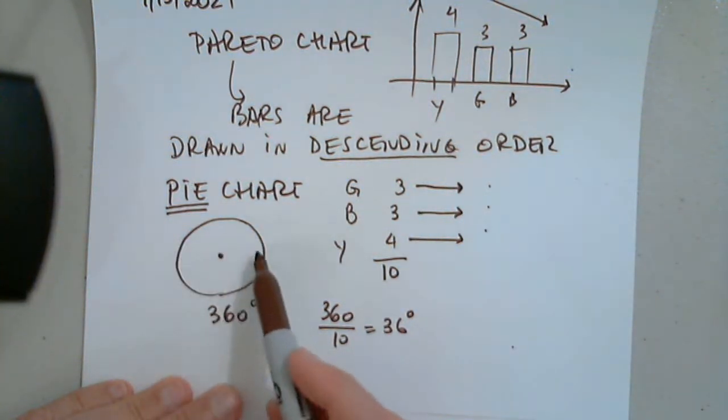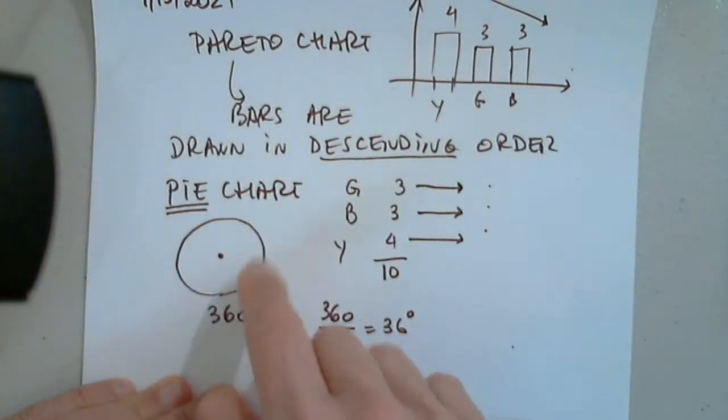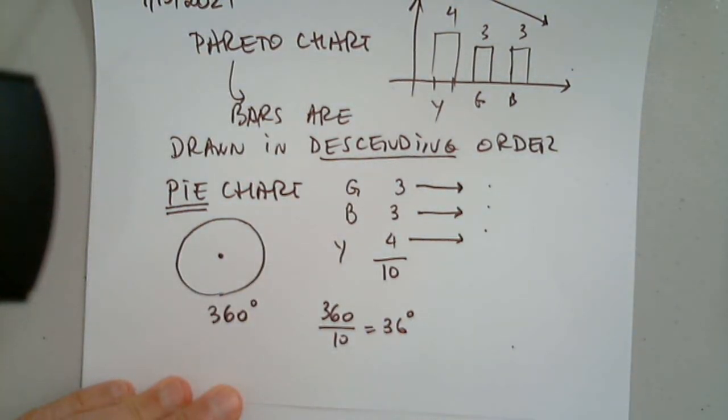And then I'll show you how we construct the pie chart. So I'm going to share my screen for 1 second. Here it is. Where is my TI-83? Right here. Good. So then I have 3 multiplied by 36, and then 4 multiplied by 36.